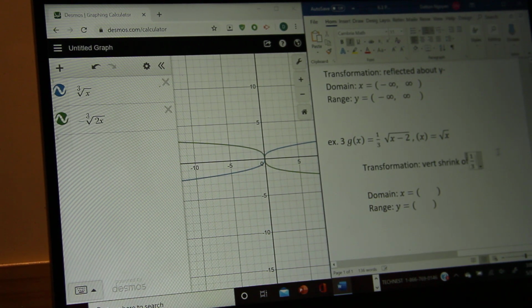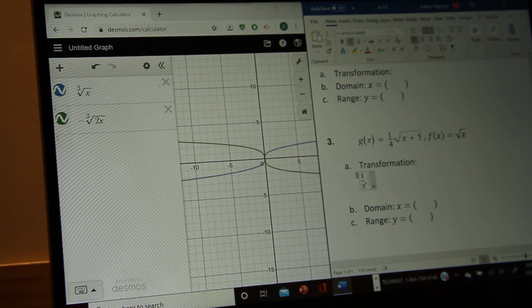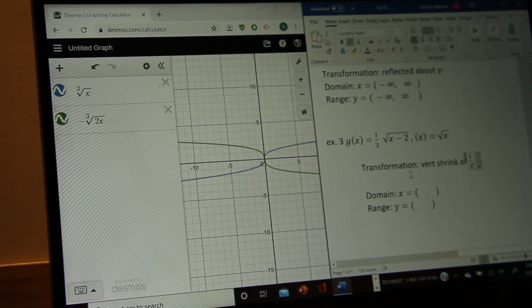And what else is happening? You also have going to the right 2. It will go to the right 2 as well.